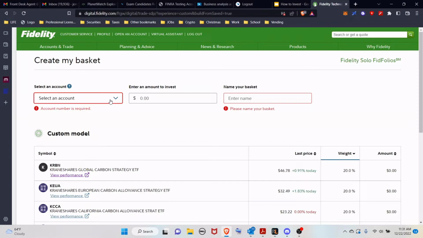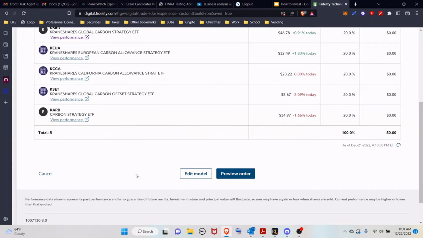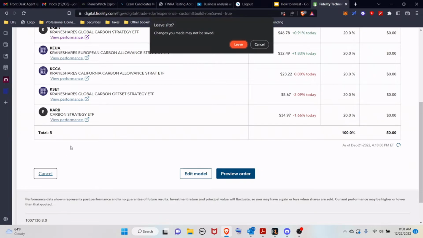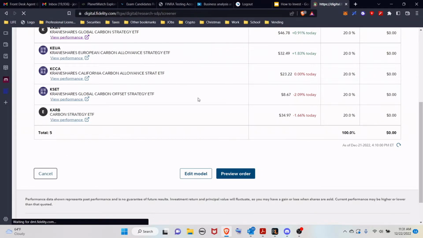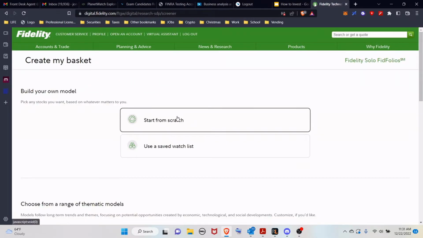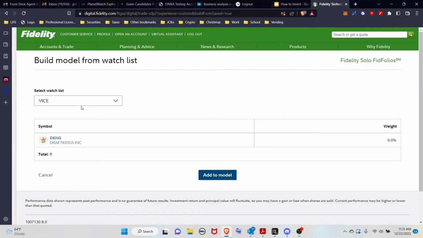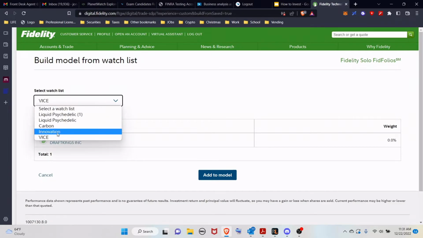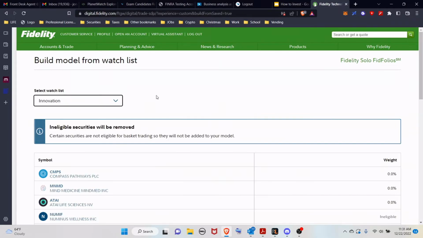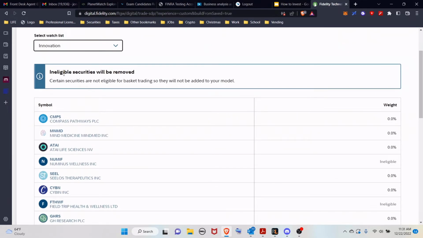What we do not like, there are no over-the-counter trades. So if we hop back to, here, just cancel this. Basically, in my psychedelic one, what I was running into was most of the psychedelic companies are microcaps. So they're trading over the counter, and there's not very much liquidity, and Fidelity has put: ineligible securities will be removed.